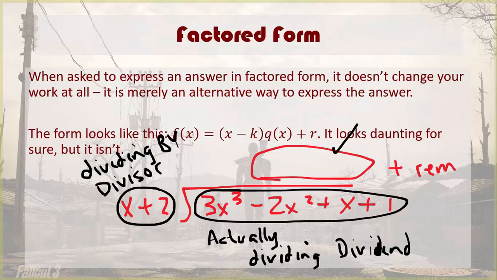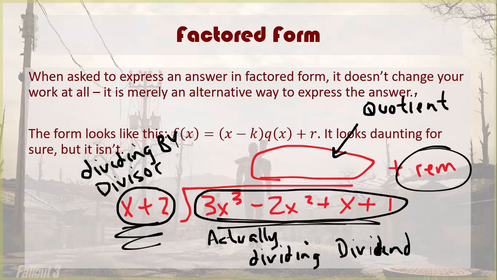What you get here is referred to as the quotient. So you could say the answer with the remainder, but the answer is the quotient. And then of course you have the remainder at the end. I think everybody knows what the remainder is. So we got the divisor, the dividend, the quotient, the remainder.